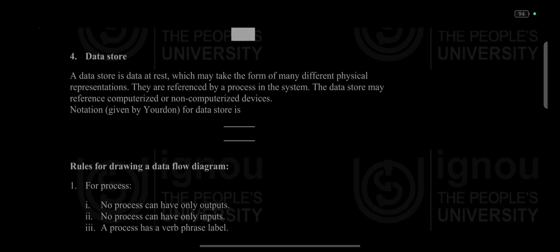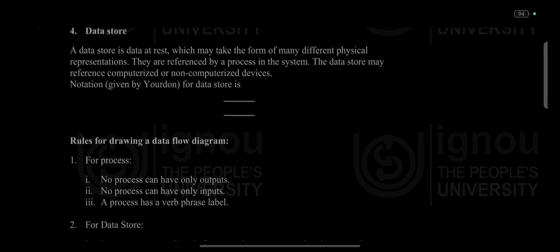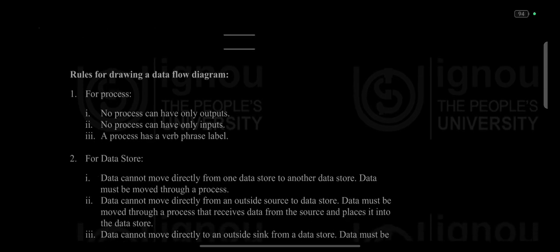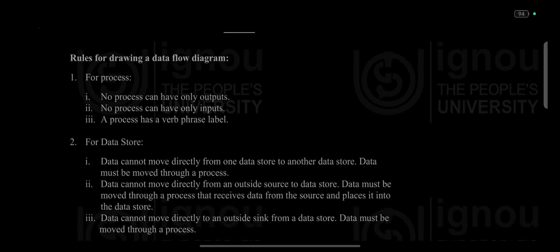Data store: a data store is data at rest, which may take the form of many different physical representations. They are referenced by a process in a system. The data store may reference computerized or non-computerized devices. The notation given by Jordan for a data store is this.